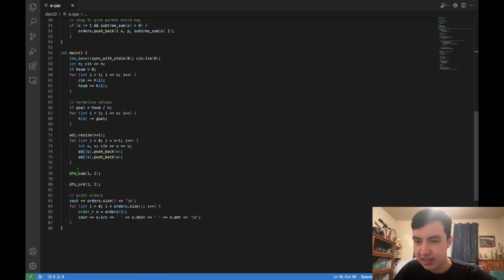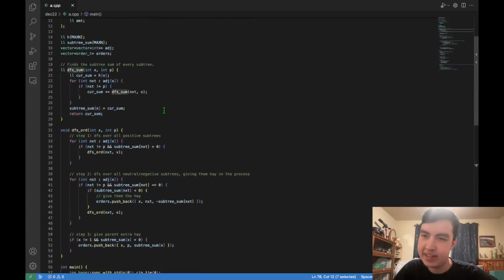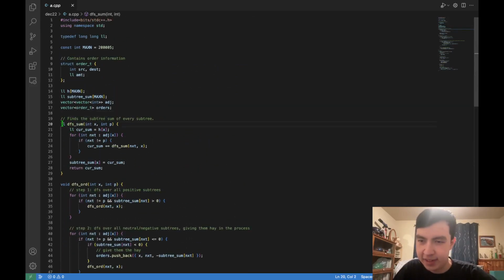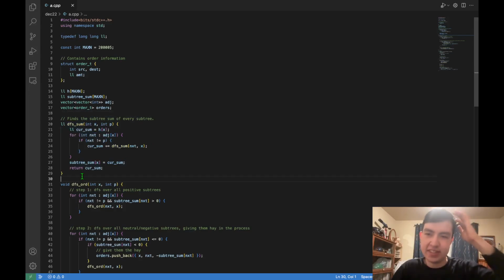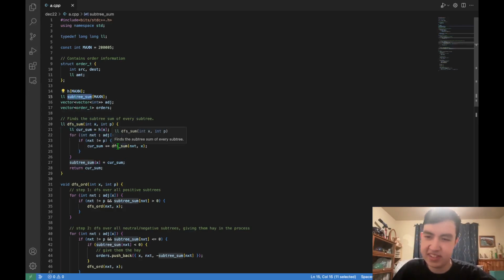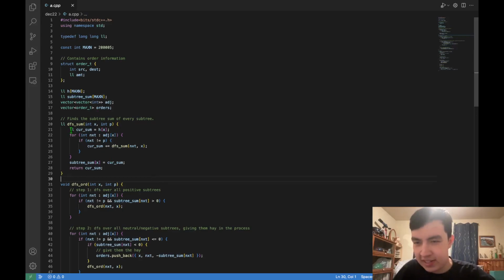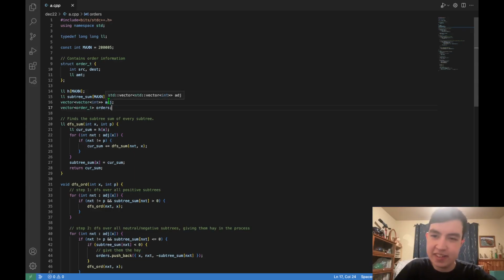So let's look at this subtree sum DFS first. This is the function which finds the subtree sum of every subtree and stores it in this array called subtree sum. This is the general structure of a DFS. We keep track of a variable with the current sum of this subtree. Now we loop through all of the next nodes in the adjacency list. An adjacency list is a way to store a graph such that we keep track of all the adjacent nodes.